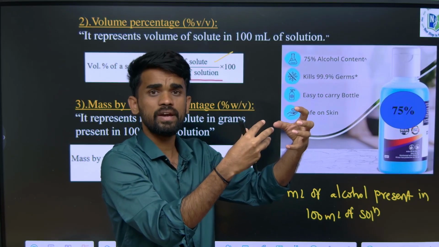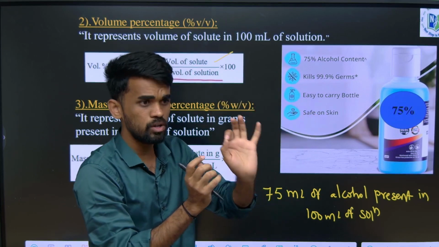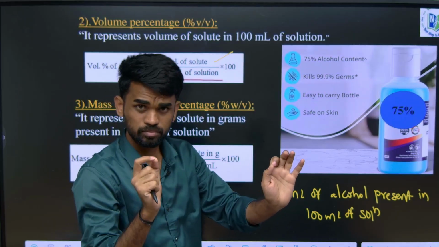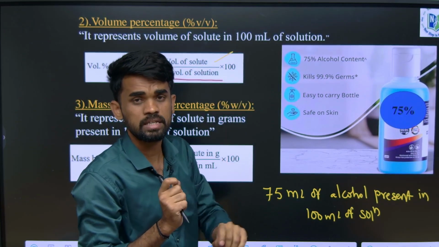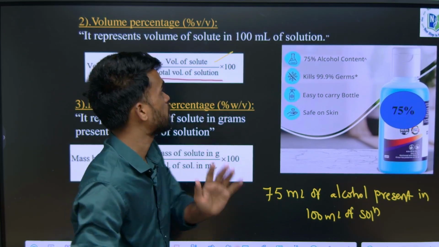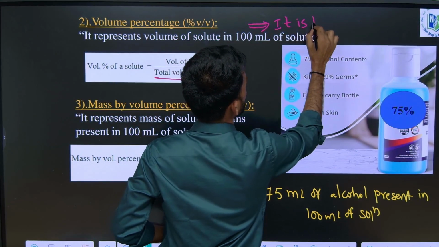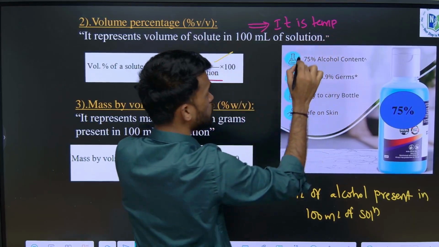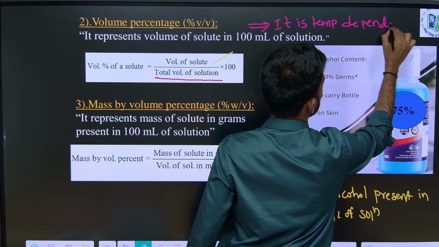Therefore there is some effect of temperature on that concentration. So whenever you see a volume term in the given question or concentration term, you need to understand there might be some effect of temperature. So it is temperature dependent. Volume by volume percentage is temperature dependent. You can write it like this.